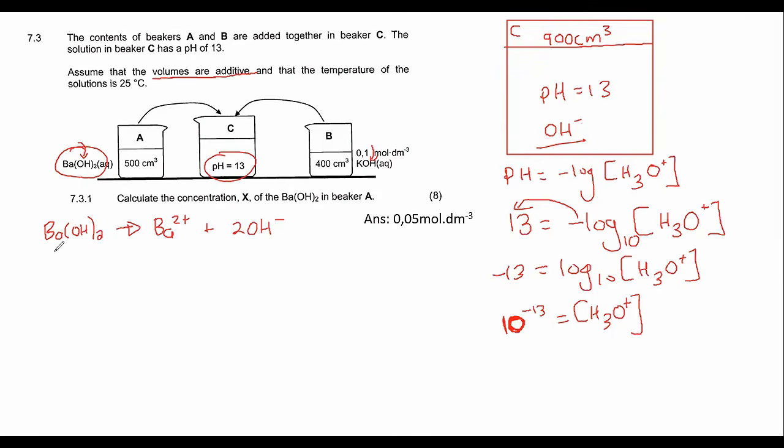And we know that the potassium hydroxide breaks up into potassium plus hydroxide. So we can be very sure that there is a lot of OH minuses floating around here. Okay. Guys, what we can now do is use the KW formula.